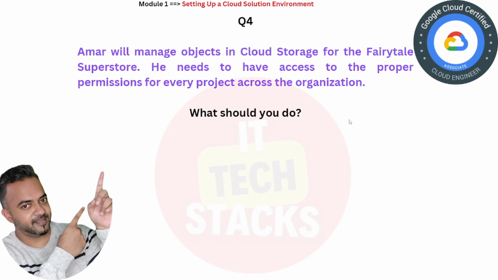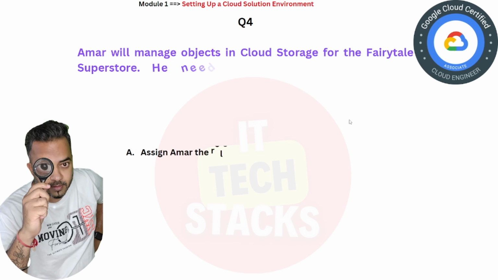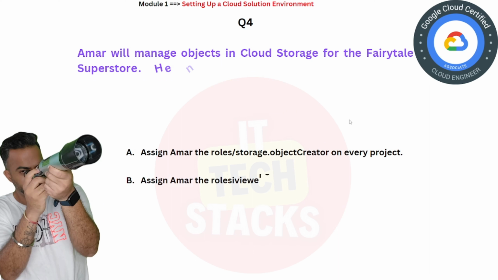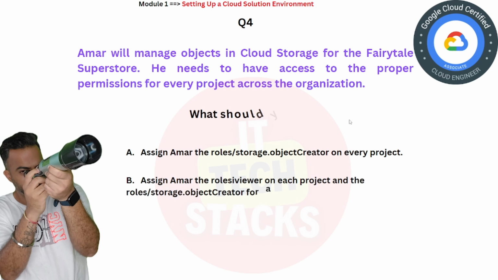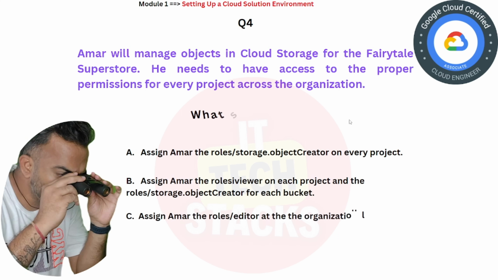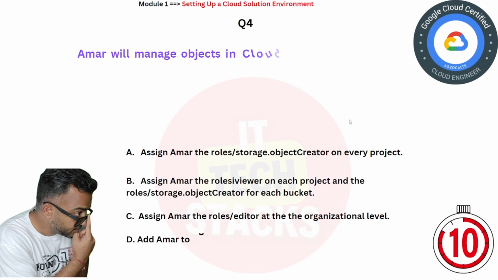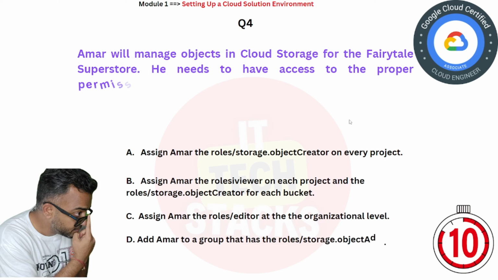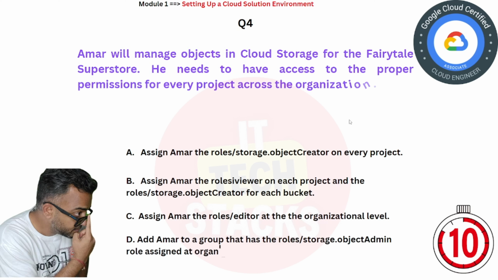The options are: option A, assign Amar the roles/storage.objectCreator on every project. Option B, assign Amar the roles/viewer on each project and the roles/storage.objectCreator for each object or bucket. Option C, assign Amar the roles/editor at the organization level.